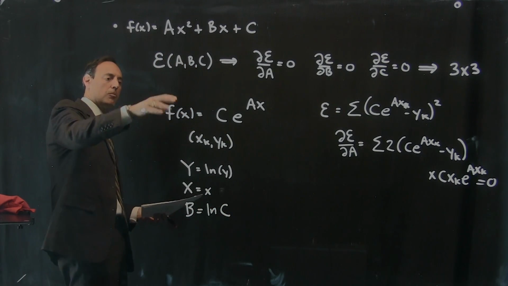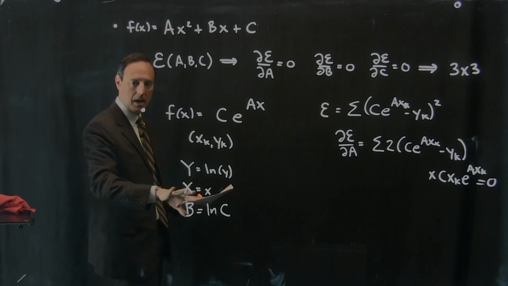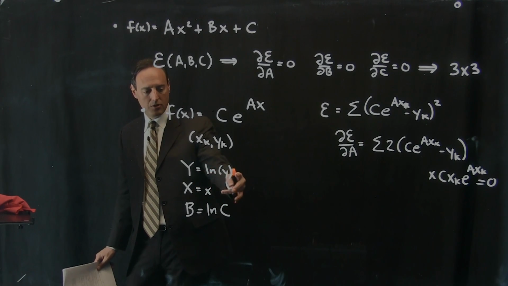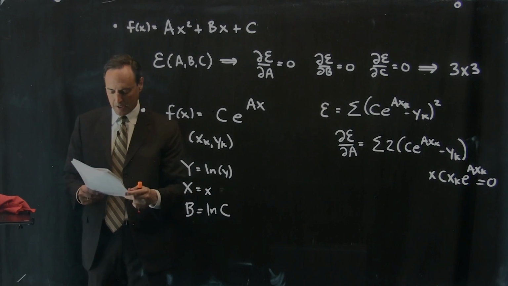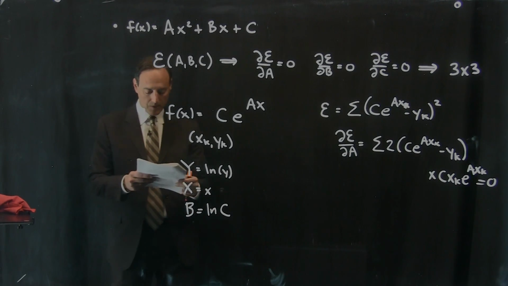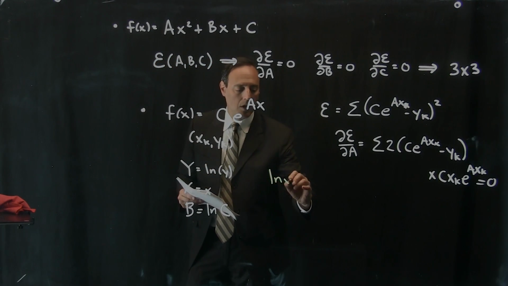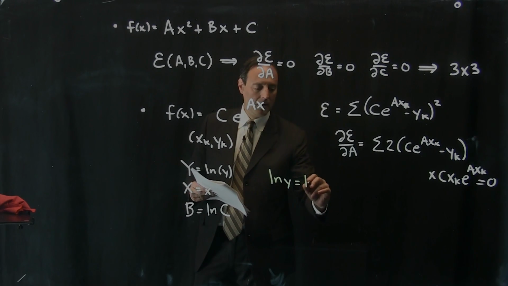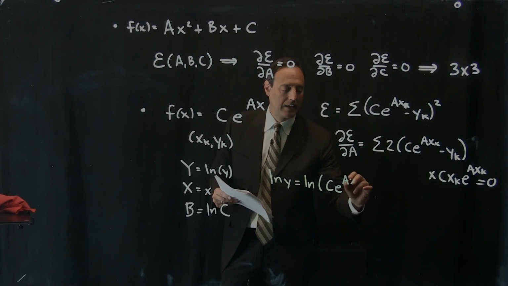I'm going to take my original problem, which is trying to fit to c e to the ax, and take my data points and turn them into these new variables, capital Y, capital X, and define b to be the log of c. Now if I think about the log of y, remember I'm trying to fit it to c e to the ax.